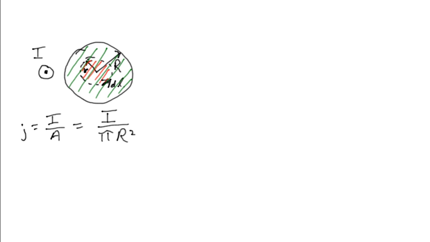Alright, now Ampere's law says the integral of B dot dl is equal to mu 0 times the current through the region enclosed by the loop, through that red surface. And from symmetry, I can argue that the magnetic field extends in loops.